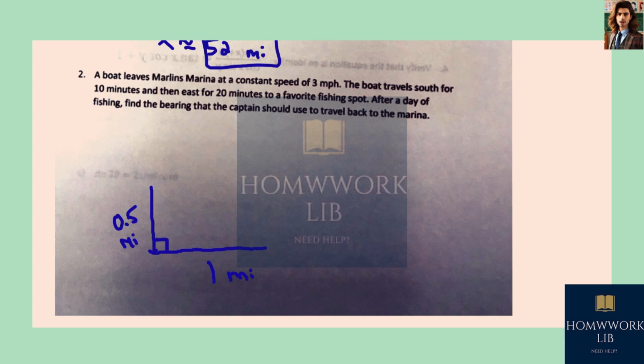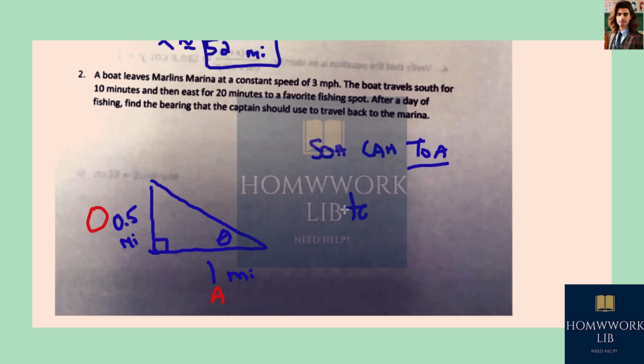That would make a right angle going south to east. After a day of fishing, find the bearing that the captain should use to travel back to the marina. We want to find this angle. Again, with your right triangle trig ratios, that angle could be found using opposite and adjacent, so tangent.